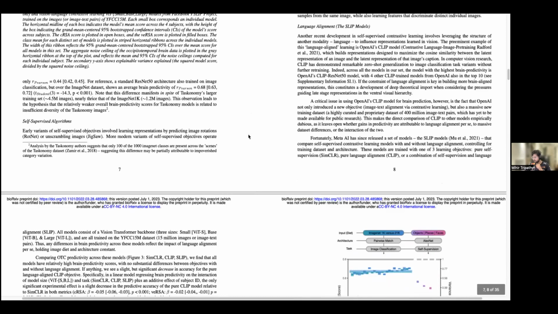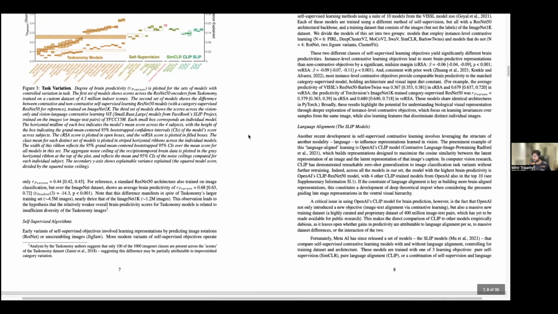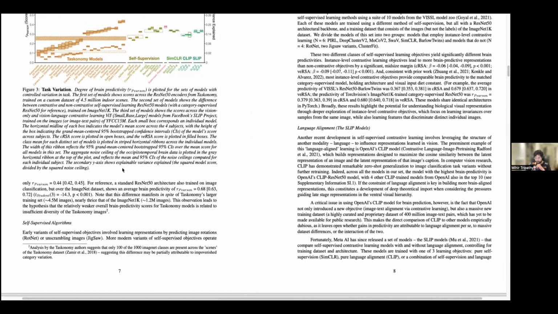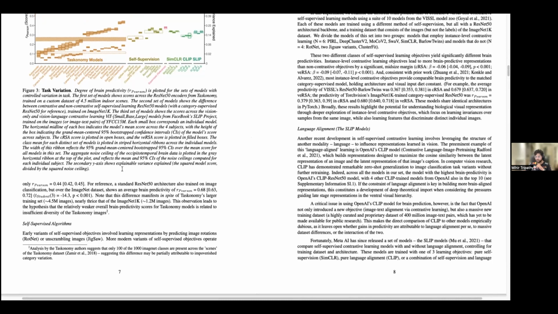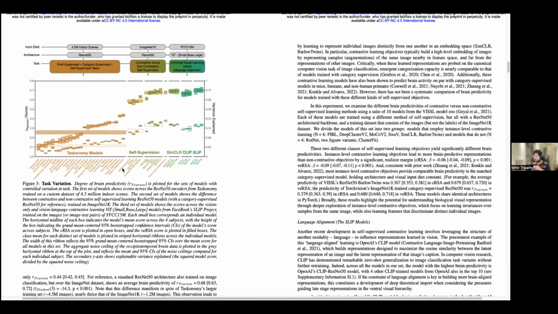So yeah. In language alignment, it basically doesn't matter whether the images are aligned with their full captions or just their captions. But before that, let me get into the self-supervised algorithms, which I think is interesting.